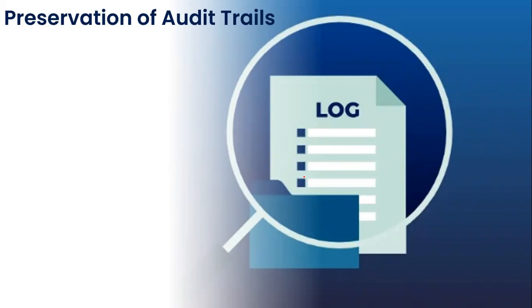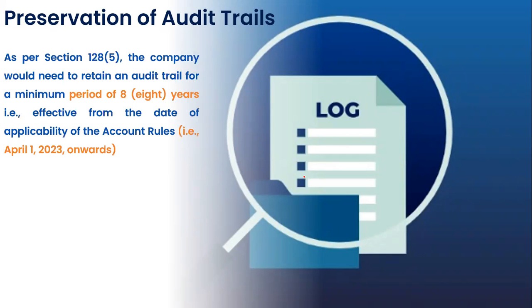Now, as per this section or this rule, the organization needs to preserve the audit trail. Now, what is the retention period? In the circular, it is very clearly mentioned that you need to preserve the audit trail for 8 years. Okay. And this will be applicable from 1st April 2023 and onwards.